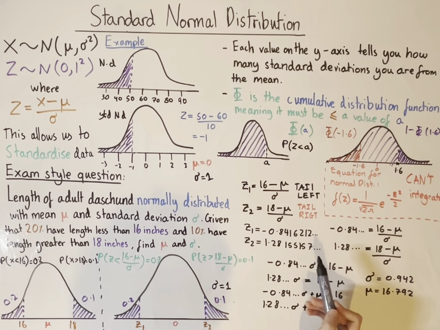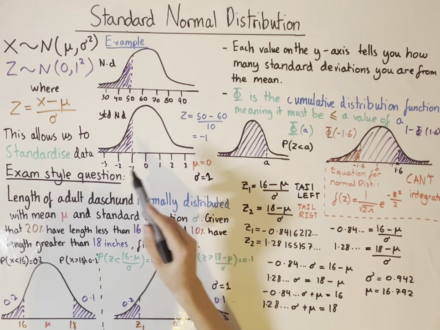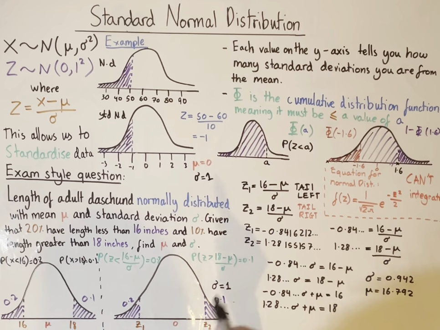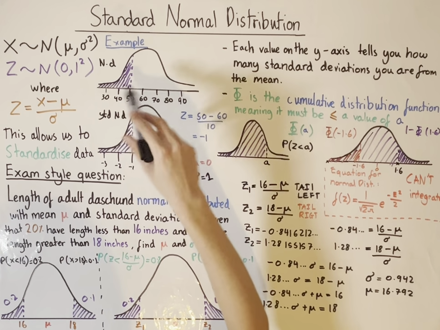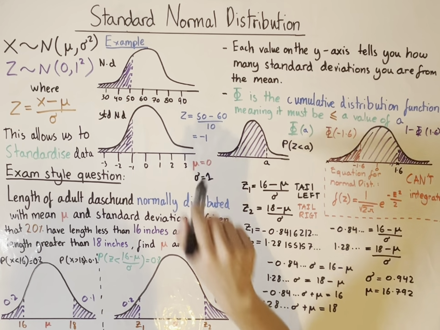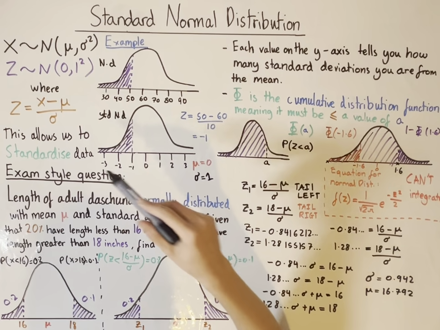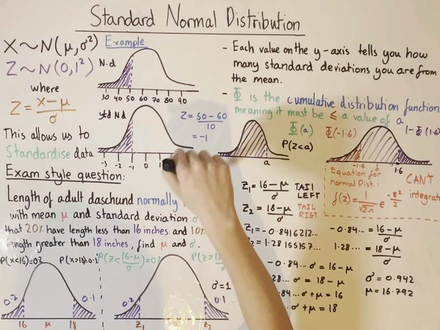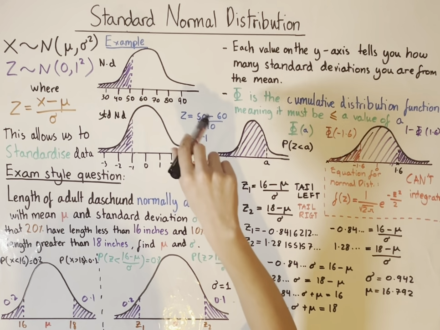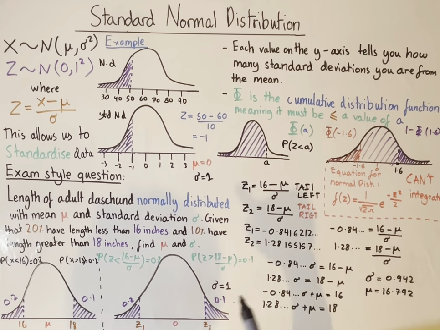These values are going to be between minus 3 and 3, because this is where most, if not all, of the data we care about for our standard normal distribution is. It's usually between 3 standard deviations from the mean. So it should be between 0 and 3, which we can see it is.